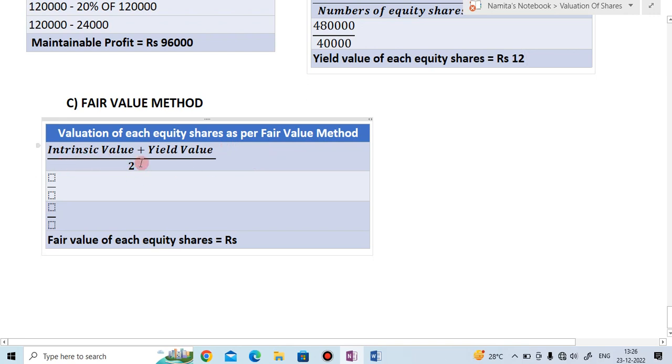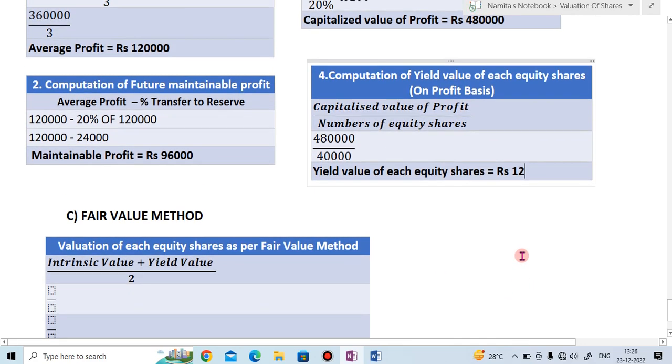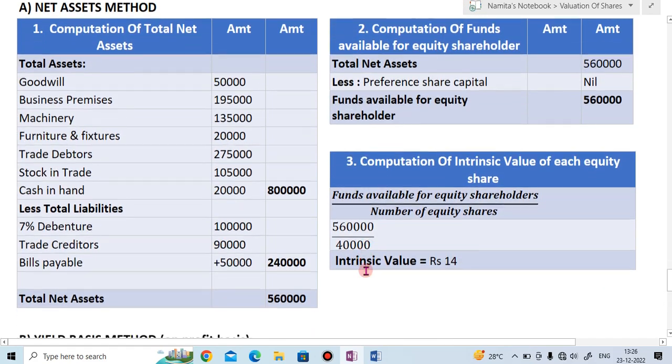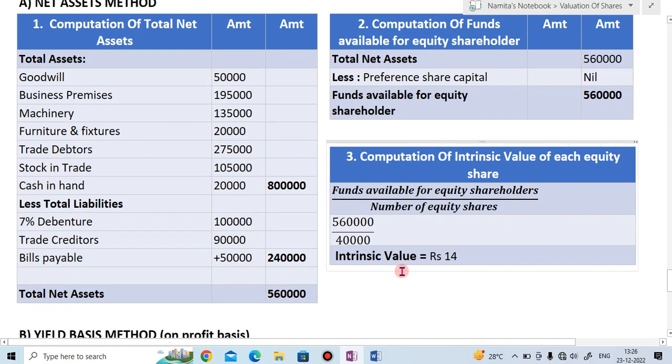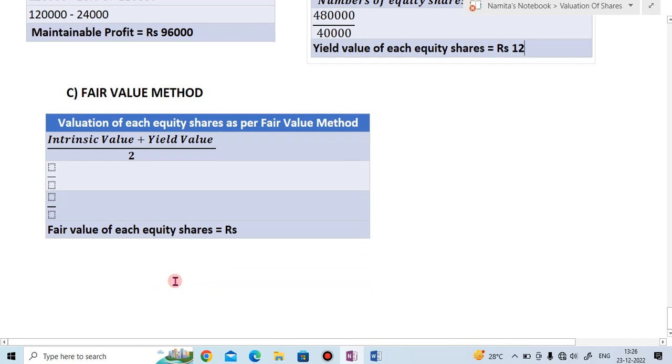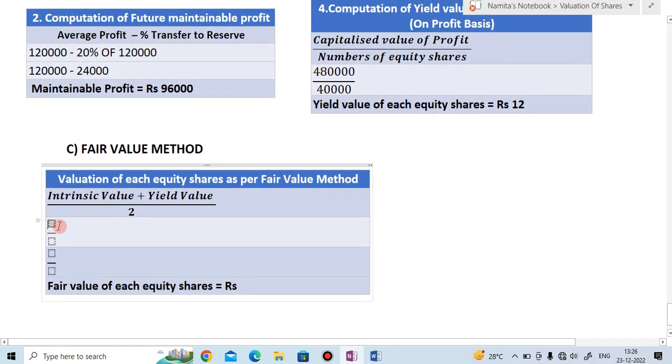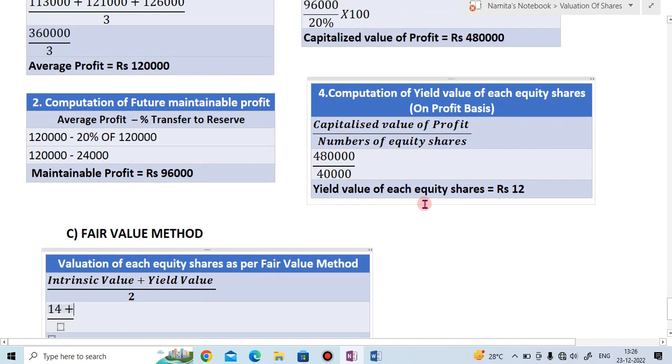Now what is the formula of fair value method? Intrinsic value plus yield value divided by 2. In the net asset method we got the intrinsic value, which is 14 rupees. Plus yield value. How much did we get the yield value? Yield value is 12 rupees.